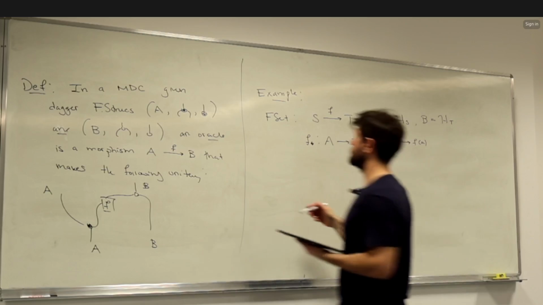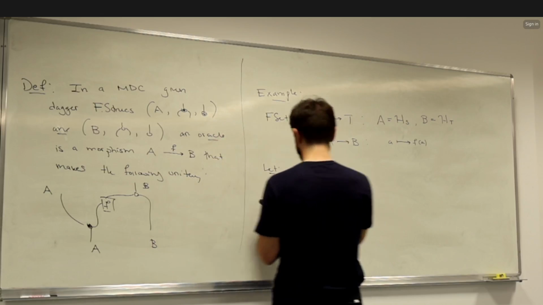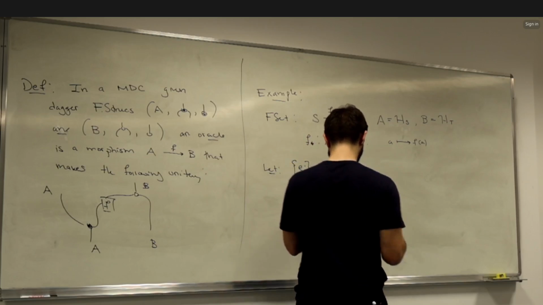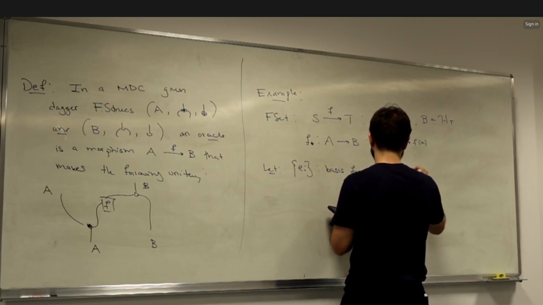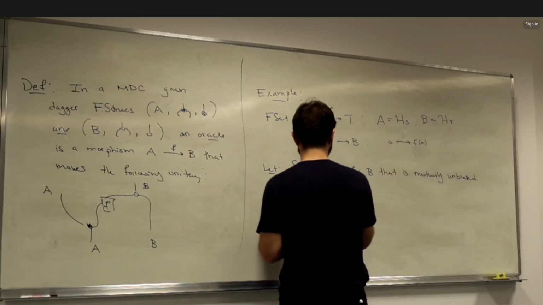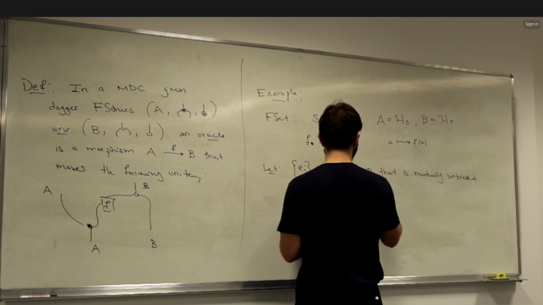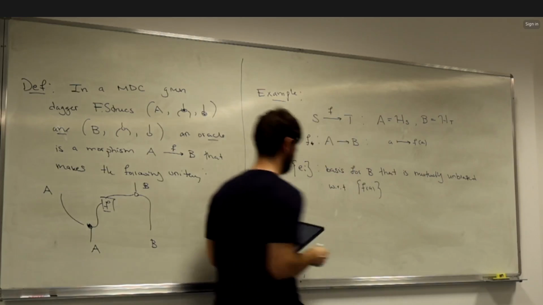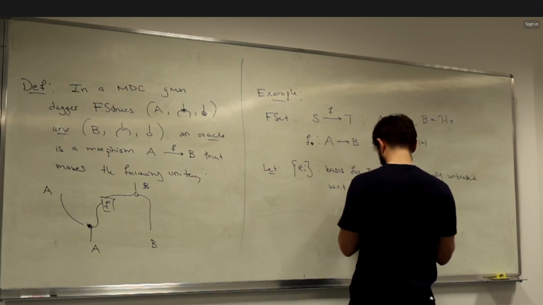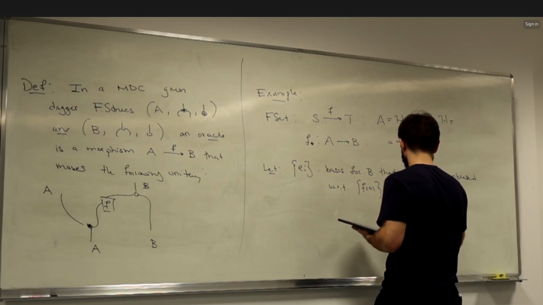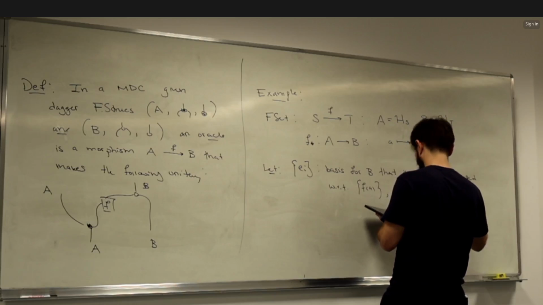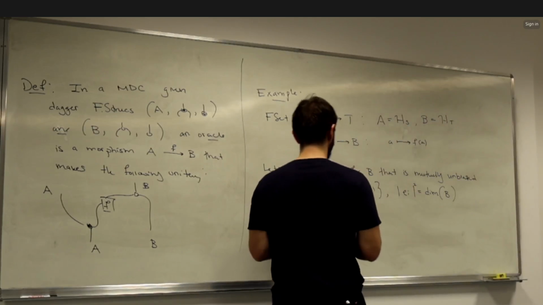Okay, so if we have that e_i is a basis for B that is mutually unbiased with respect to the basis F of A, and we have that the norm squared of each e_i is equal to the dimension of B, then we have a sort of structure here.